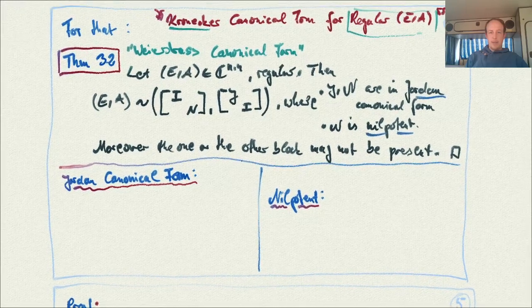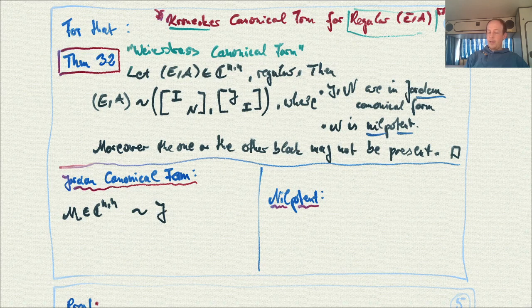But first, let me tell you what Jordan canonical form means. This means that a general square matrix M is always similar. We will talk about the similarity.